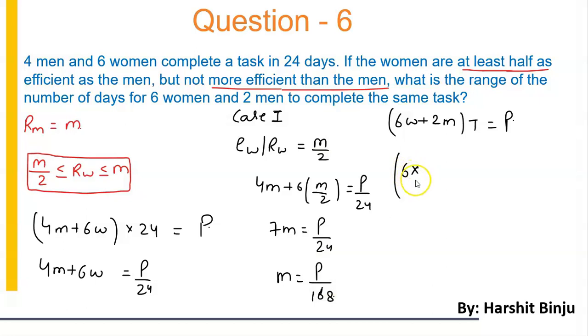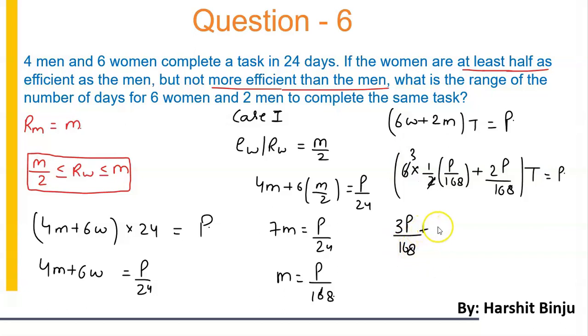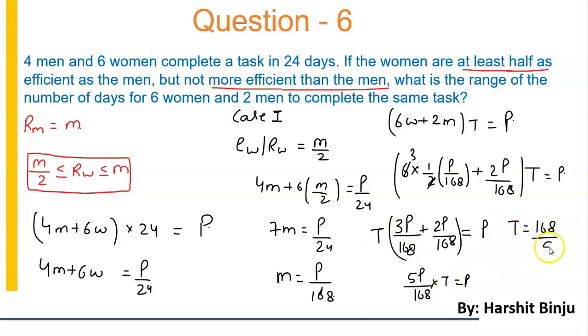So we will have 6 into 1 by 2 into P by 168 plus 2P by 168, multiplied by time t, is equal to P. So this is 3P by 168, because 2 will cancel with 6, plus 2P by 168, that is 5P by 168, multiplied by time, is equal to P, which will give you time as 168 by 5 days.